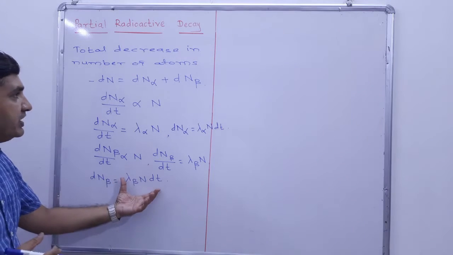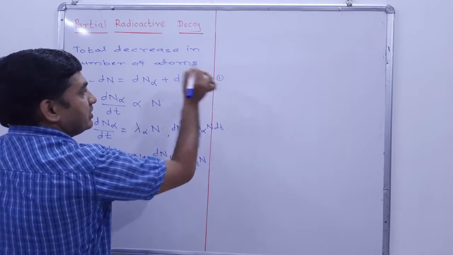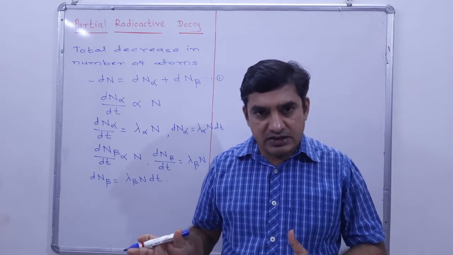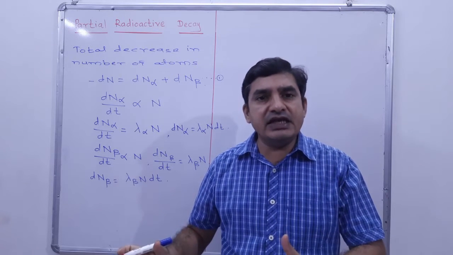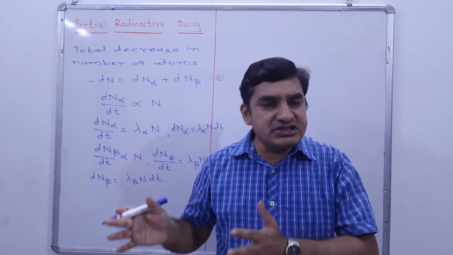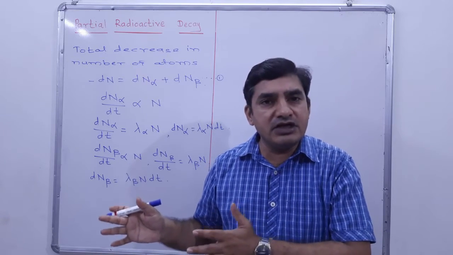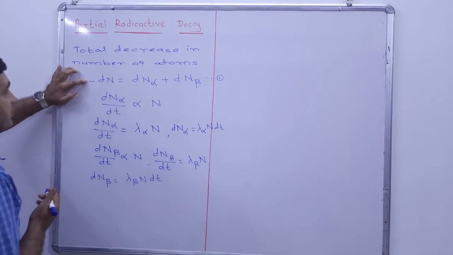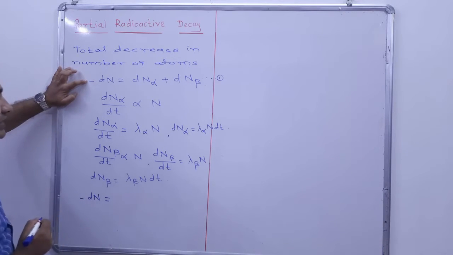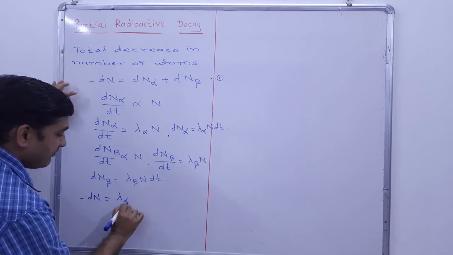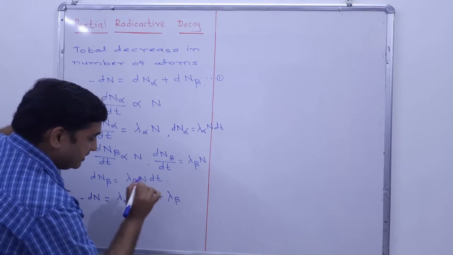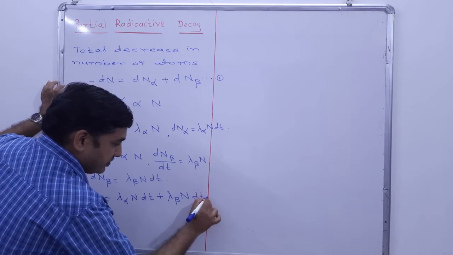Now putting these values of dN alpha and dN beta in equation number 1, we get the total decrease in number of atoms, minus dN, equal to lambda alpha N dt plus lambda beta into N into dt.